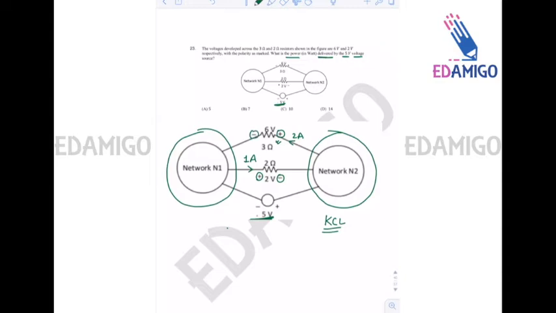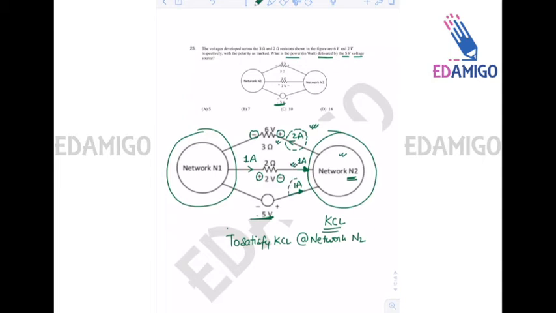Okay, so 2 ampere is given by network N2 in this branch. 1 ampere is received by network N2 by this second branch. So to satisfy KCL at network N2, current should be like this: 1 ampere, because 2 ampere is going out, 1 ampere is entering here.